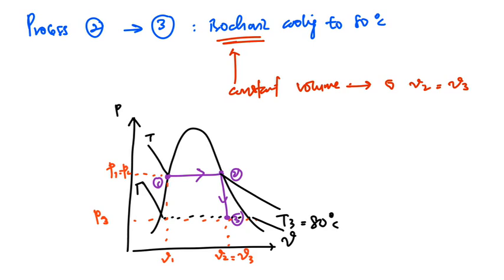So on the PV diagram, you can put point 3 in parallel with point 2, which represents isochoric cooling to 80 degrees C. From the description also, we know that the temperature at point 3 is 80 degrees C, because the process is cooling from temperature 2 to 80 degrees C, which is temperature 3.